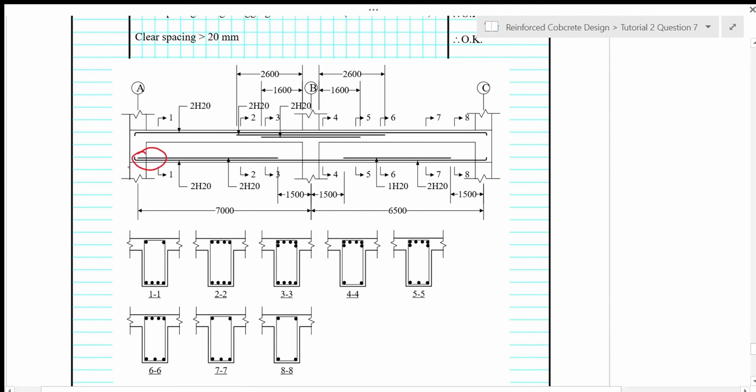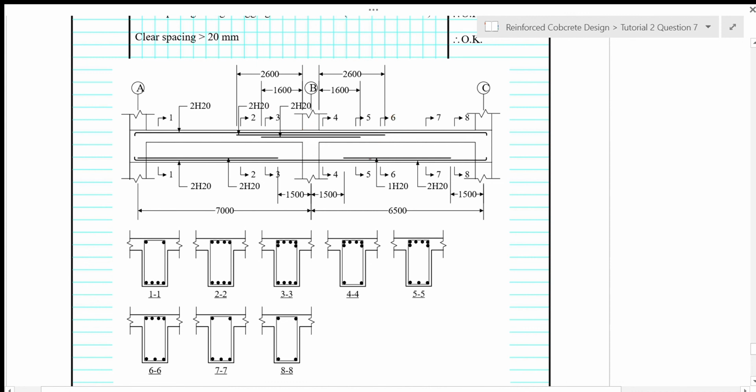We need at least 3 bars, but you cannot reduce 3 bars like that. It becomes not symmetrical, so we cannot cut off any bars there. And then on this side, the tension steel for the negative moment is similar to this side.